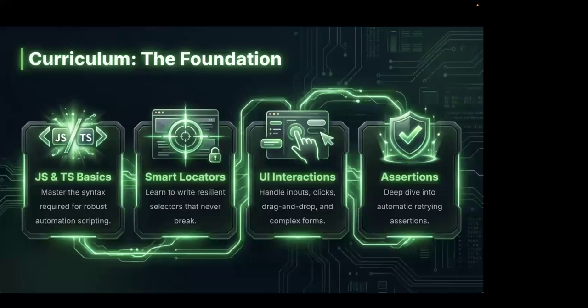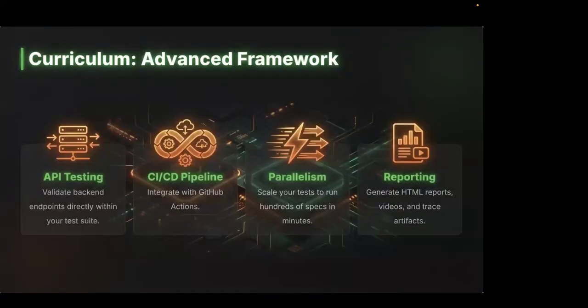And then we'll move to the basics of Playwright. We'll see how to locate elements using Playwright smart locators, how to do UI interactions and assertions. And then we will see how to build advanced things using Playwright like authentication, reporting, all these kinds of things.